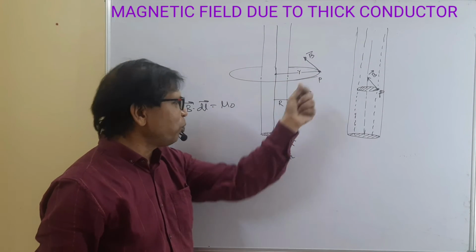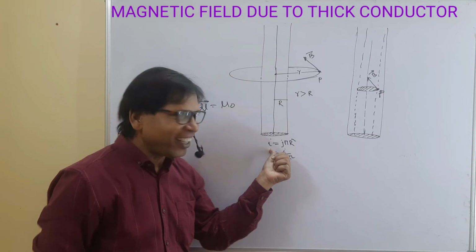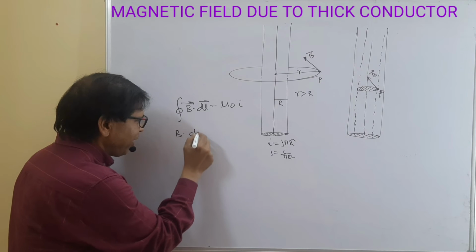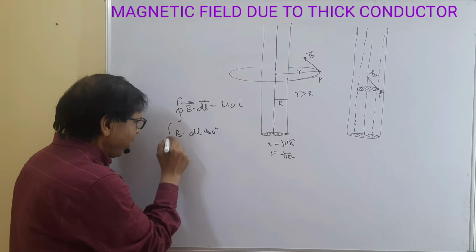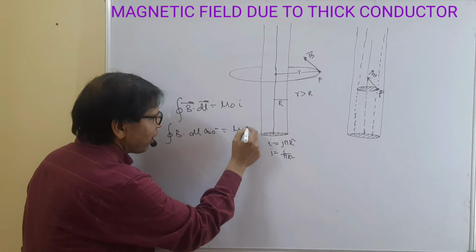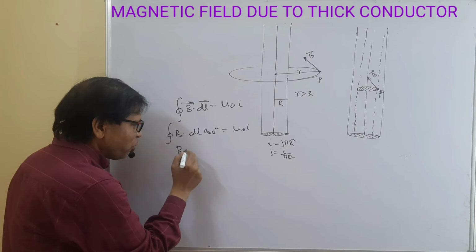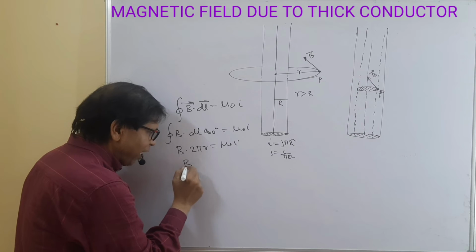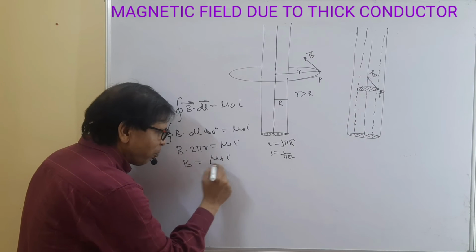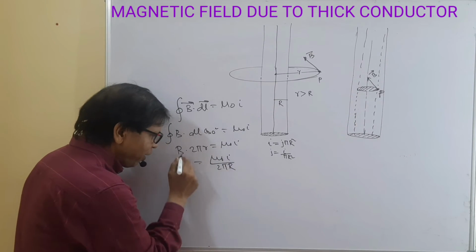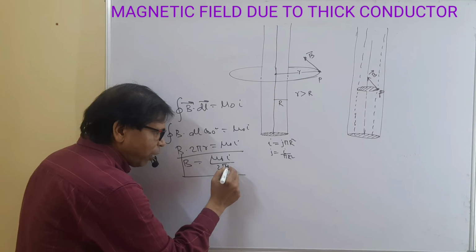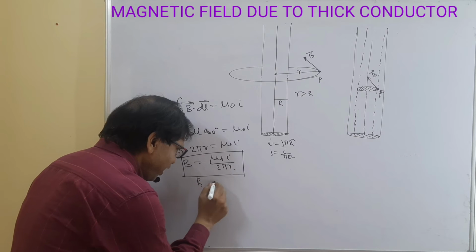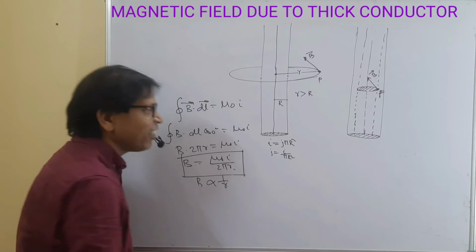Look at this, this is the loop, so the current enclosed is I, so this is mu naught I. So this is B dl cos 0 degree and this is mu naught I. B is uniform, so dl is 2 pi r, B times 2 pi r equals mu naught I, so B equal to mu naught I by 2 pi r. So the magnetic field B is inversely proportional to r.